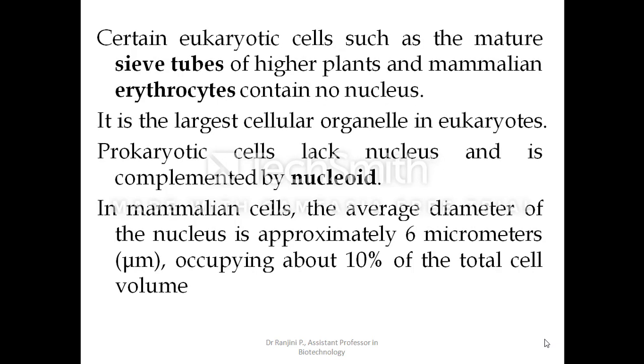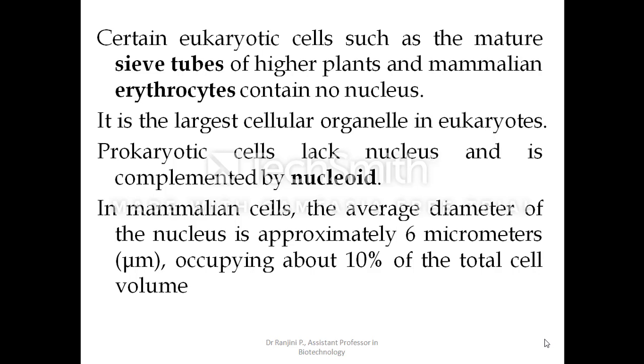Certain eukaryotic cells such as the matured sieve tubes of higher plants and mammalian erythrocytes (RBCs) contain no nucleus. These are enucleated cells. It is the largest cellular organelle in eukaryotes.